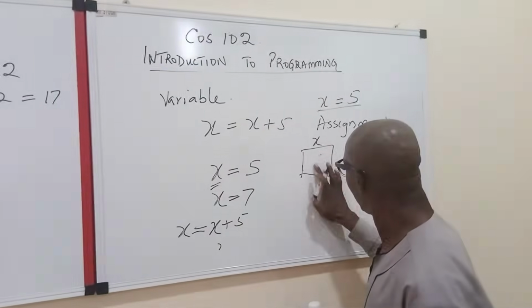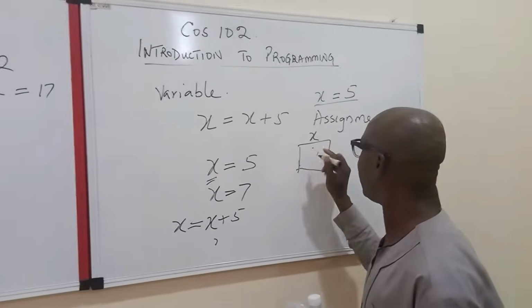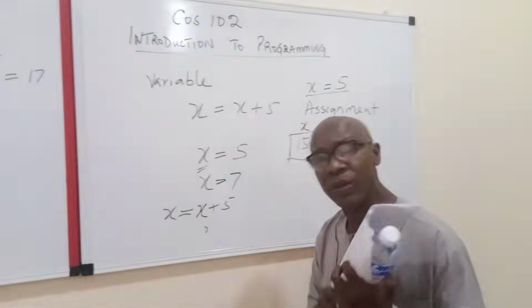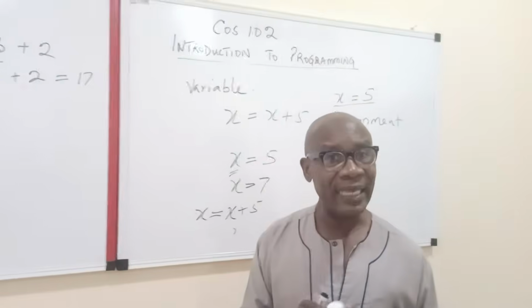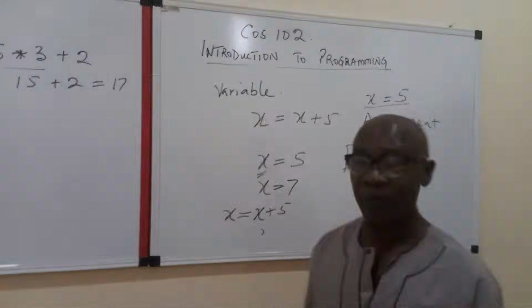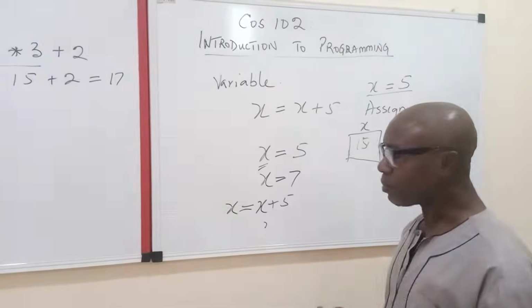You can delete this one and change it to 7. You can change it to 15. You can change it to anything. So the container is different from the value. That is a key concept in programming. So the equal to is an assignment operator.